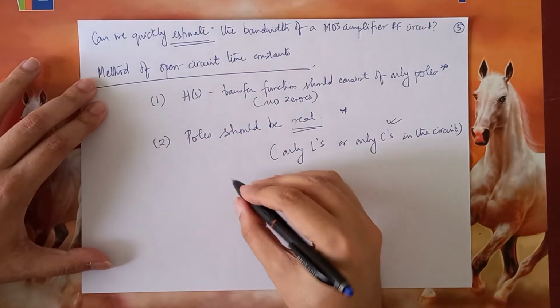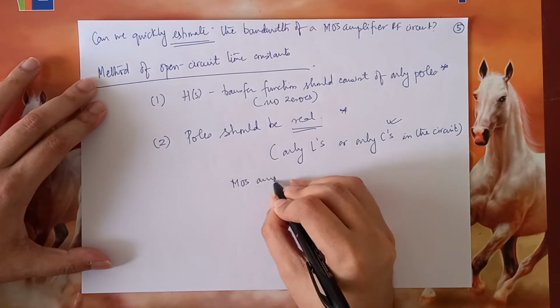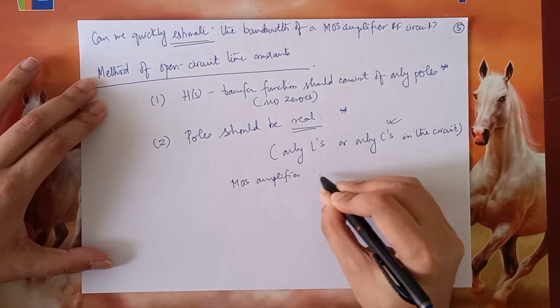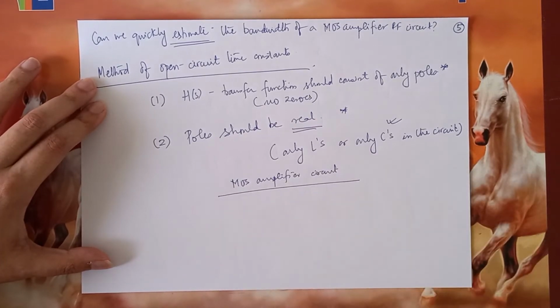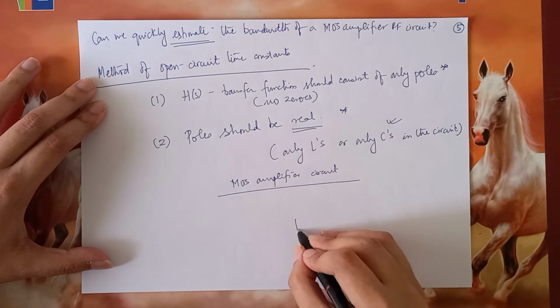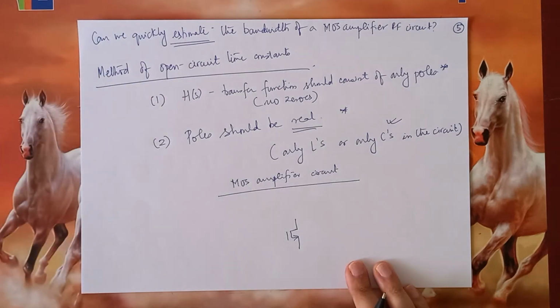Now suppose somebody has given you a MOS amplifier circuit. In general, it may look like this. Let us say you may have some capacitances that are inside, some capacitances that are outside.